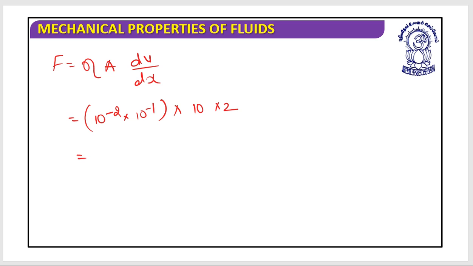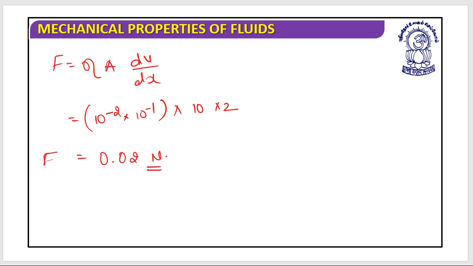If I find it out, this is equal to 0.02 Newton. I hope this is clear. Is it clear? Are you sure? Great. So are you ready for one more question?